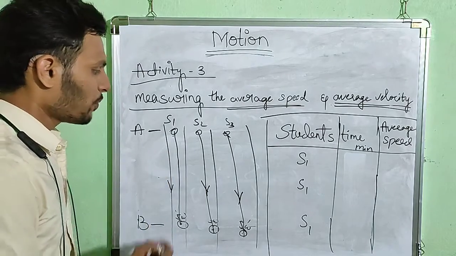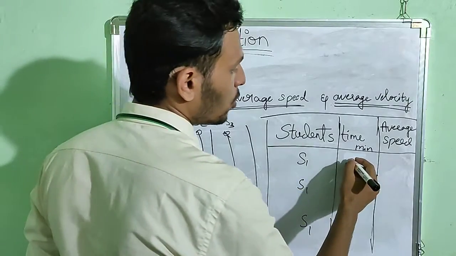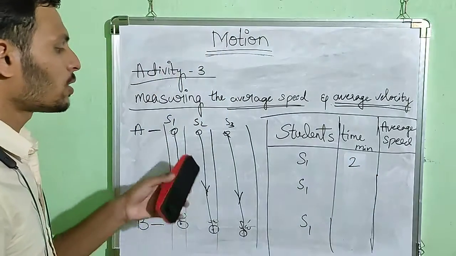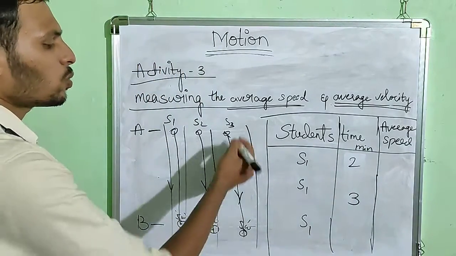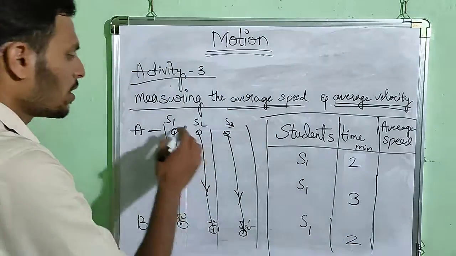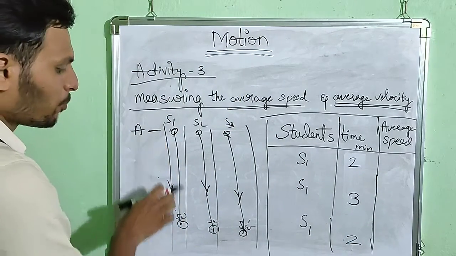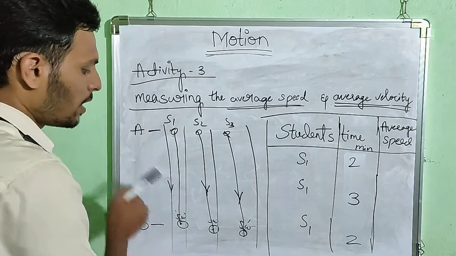Similarly, let us consider student 1 has taken around 2 minutes, student 2 has taken around 3 minutes, and student 3 has taken around 2 minutes to reach from the initial point to the final point, to cover this entire displacement.